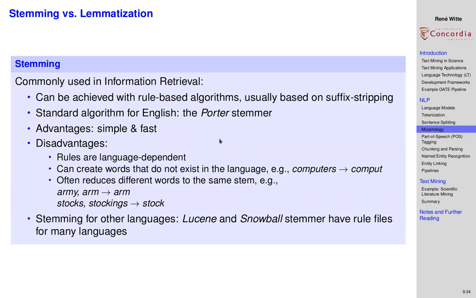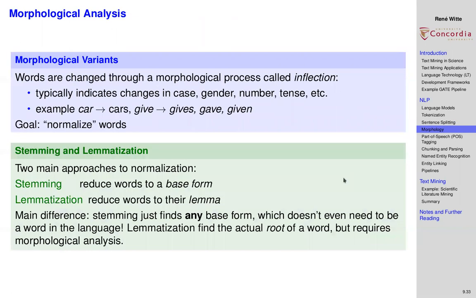But the main problem is that it's basically a kind of suffix stripping. So for words like computers, computing, it's just removing the suffix. And the stem it generates, comput, is not actually an English word. So this is what's meant with what I said here.